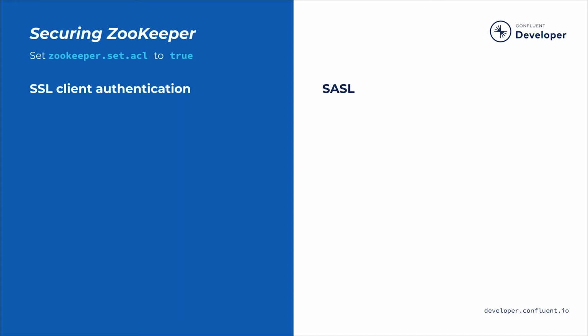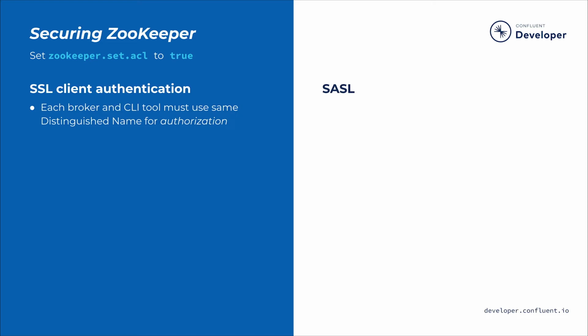ZooKeeper's SSL client authentication mechanism uses certificates to authenticate ZooKeeper to brokers and the brokers to ZooKeeper. There's one wrinkle with this setup, however, that distinguishes it from SSL client authentication in Kafka. Every broker, and in fact every CLI tool, must use the same distinguished name when accessing ZooKeeper.